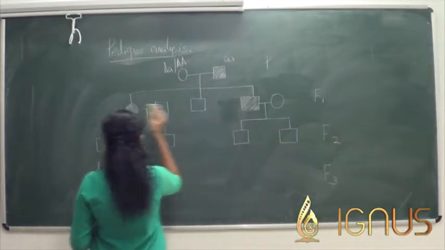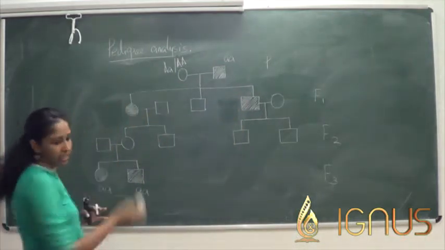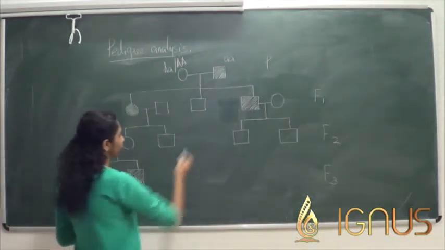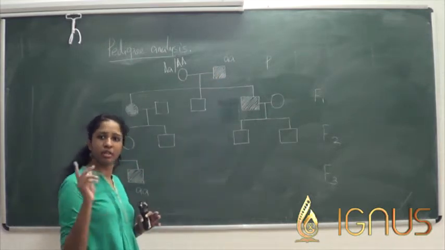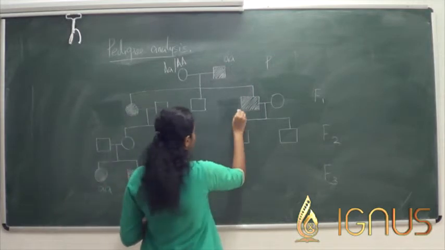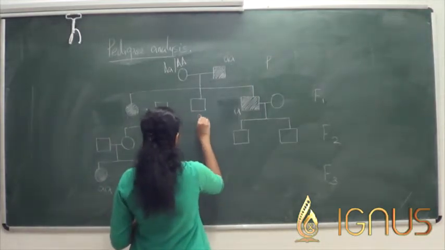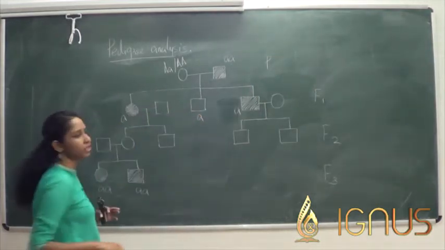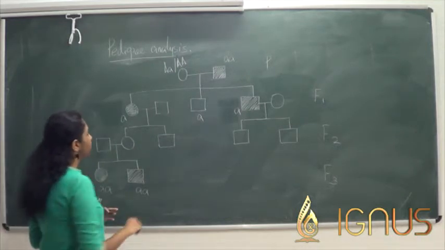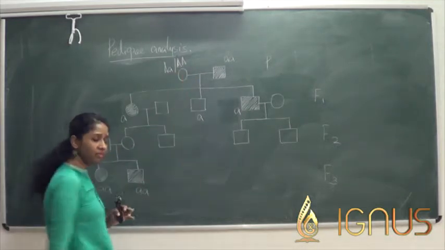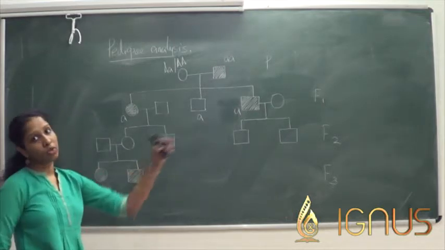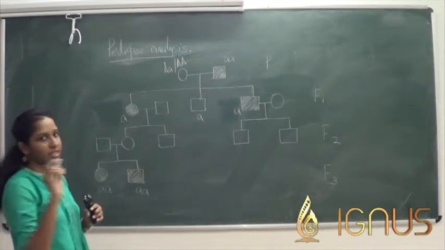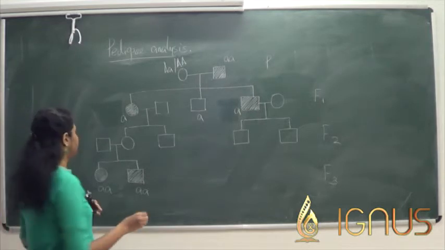So let's start off with the inheritance pattern, taking the father into consideration. Because he is double recessive, he can only provide a recessive allele, so all of them are getting one recessive allele from the father. Now, if the mother is homozygous dominant, then the only allele that she can provide will be a dominant one.